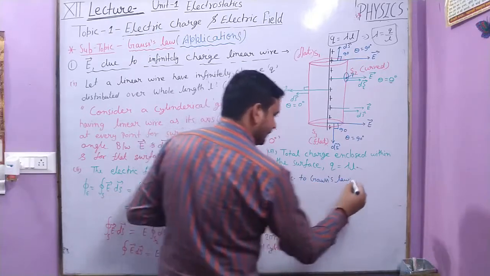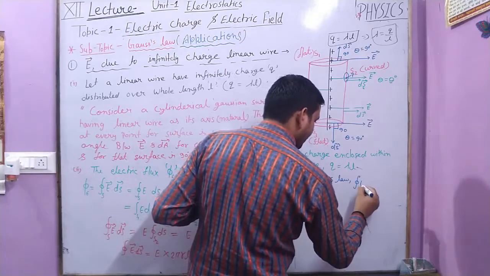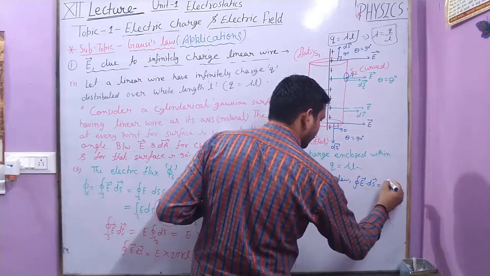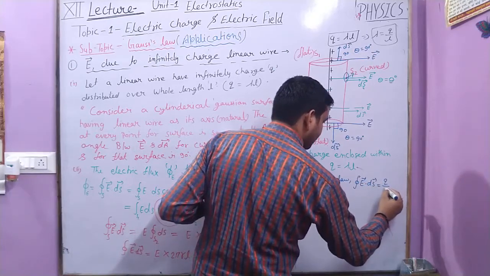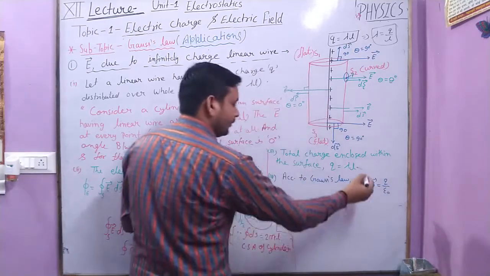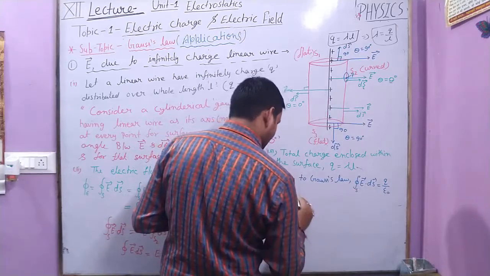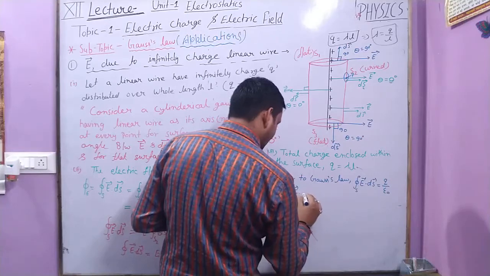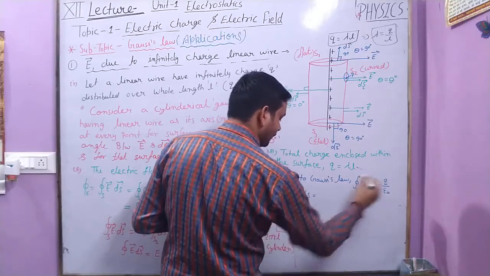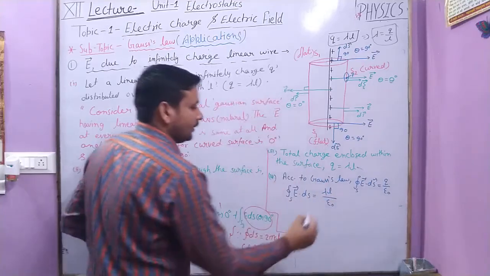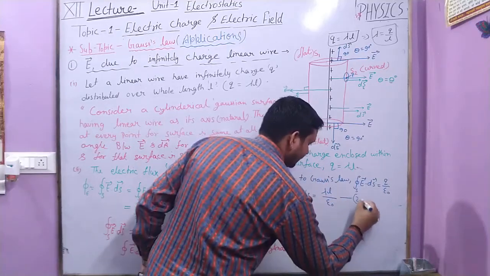The flux is equal to closed integral E dot ds is equal to Q upon epsilon naught, which means the closed integral of the surface vector E ds is equal to lambda L upon epsilon naught. This is your equation second.